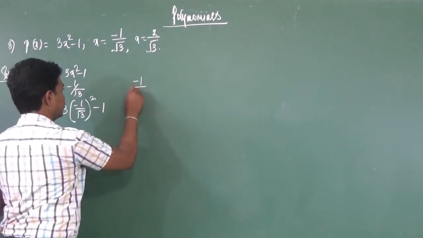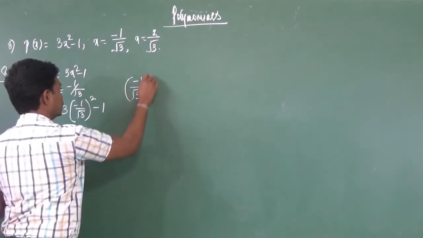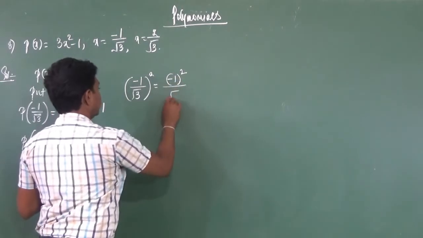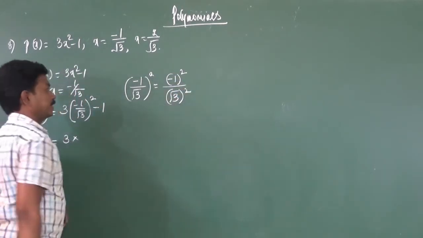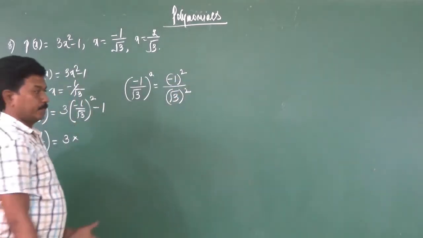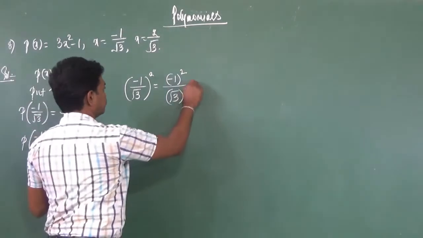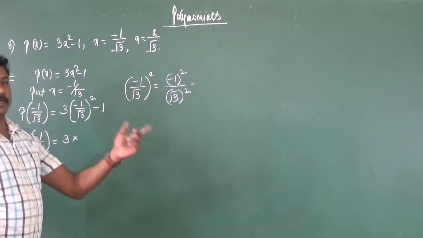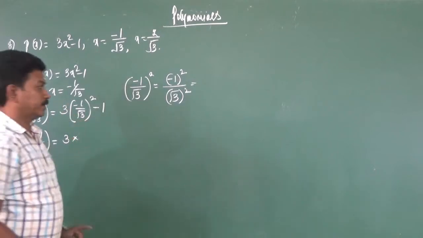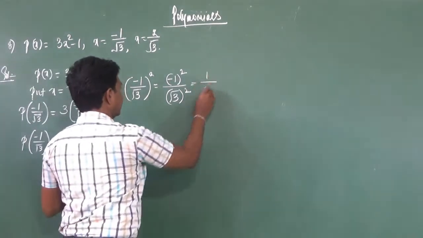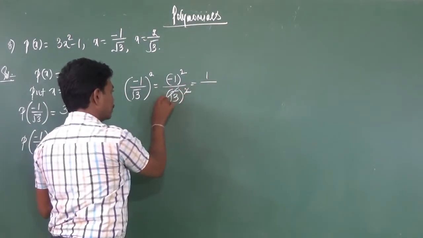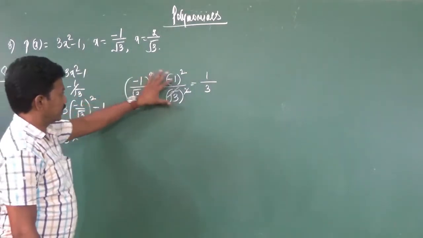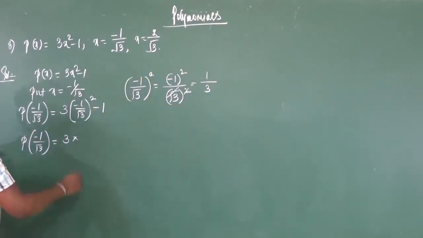So minus 1 by root 3 whole square can be written as minus 1 whole square by root 3 whole square. This is how it applies for both the numerator as well as denominator. Now minus 1 whole square is minus 1 into minus 1, which is plus 1, right? So 1 by root and square and root get cancelled, that is 1 by 3. So instead of minus 1 by root 3 whole square, I can write 1 by 3.